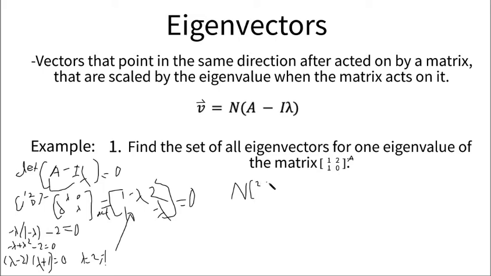Then 2. And then 1. And then negative lambda, which is 1. So 2, 2, 1, 1, the null space of this. Null space is all the vectors that, if the matrix acts on them, you get the 0 vector, which is just 0, 0 for 2 dimensions.